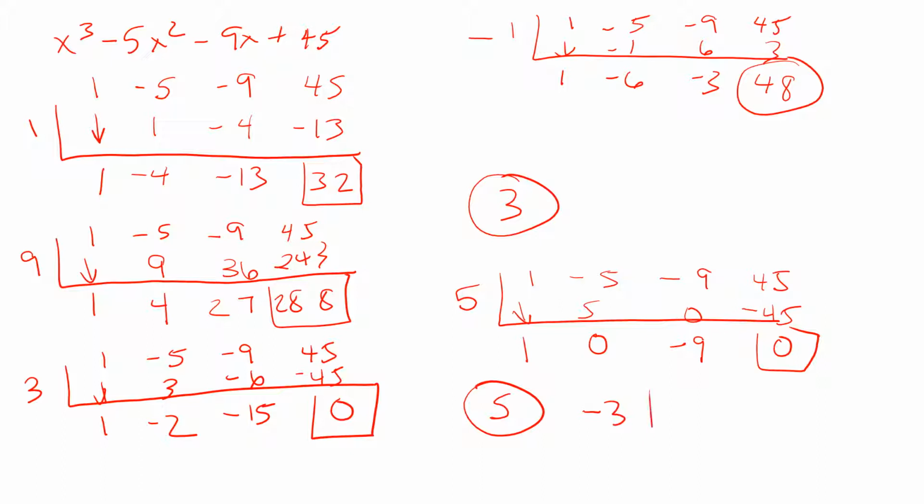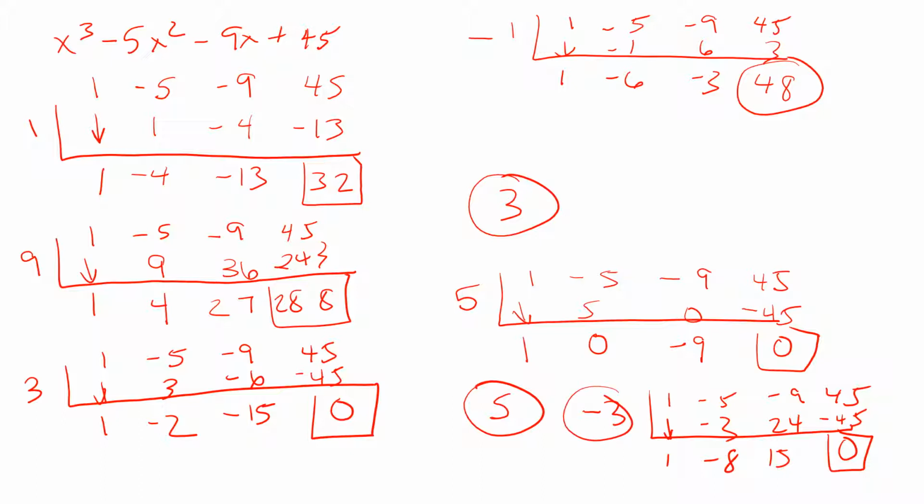Putting negative 3 in: 1, negative 5, negative 9, 45. Bring down the 1, multiply, that's negative 3. Add, you get negative 8. Multiply, you get 24. 24 plus negative 9 is 15. Multiply 15 times negative 3 is negative 45. Add, my remainder is 0. So that means negative 3 is another answer.